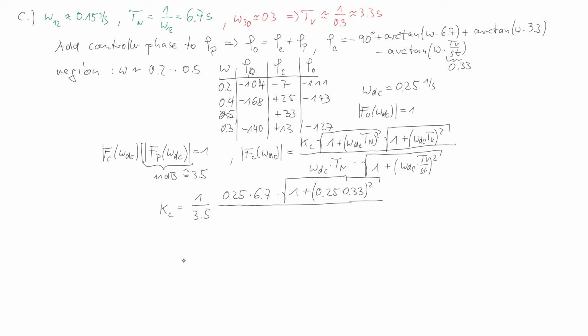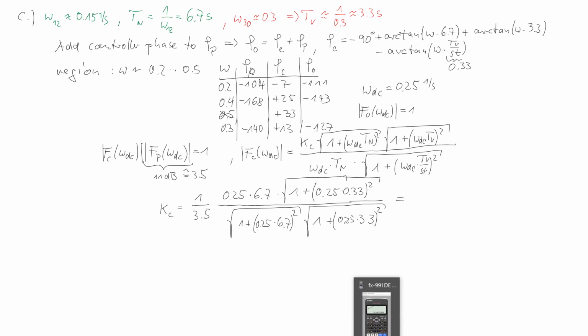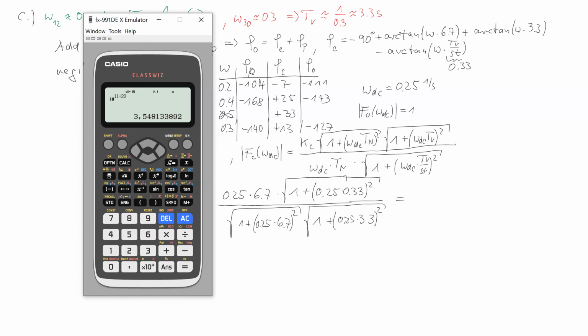Now divided by the expression 1 plus 0.25 times Tn, 6.7, squared, and 1 plus 0.25 times 3.3 squared. And if we calculate this with my calculator, we get the following result.